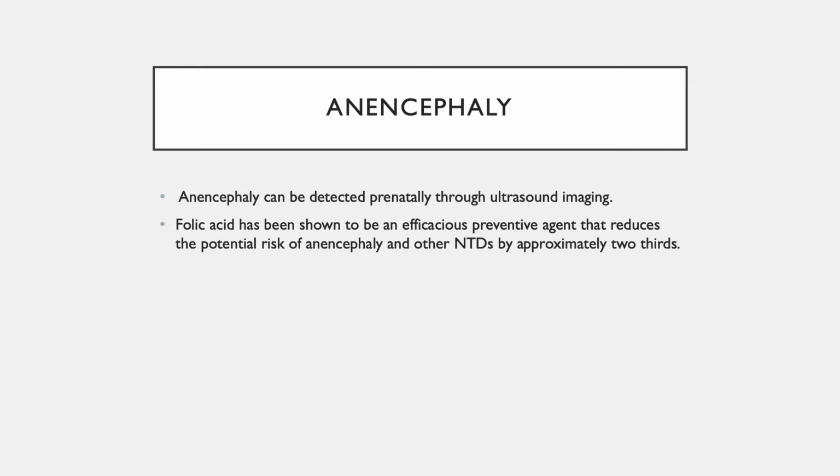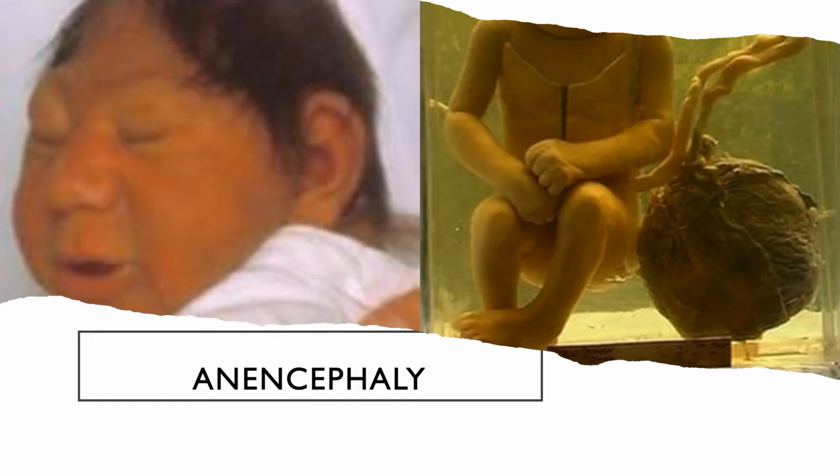Folic acid is a vitamin-like drug. Pregnant women must take it to prevent neural tube defects, and she can take it before pregnancy and in the third month of pregnancy. This is the picture of anencephaly. As we see, there is a reduction of the brain and calvaria and absence of the vault of the skull.